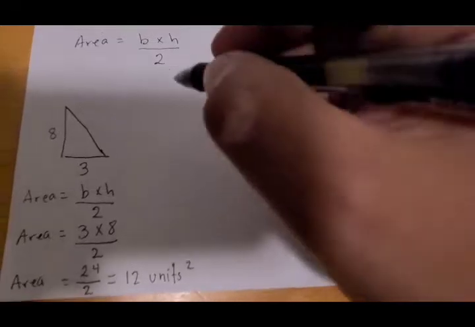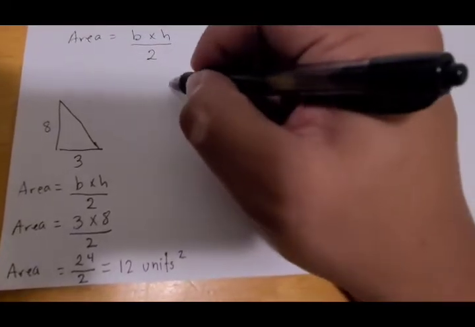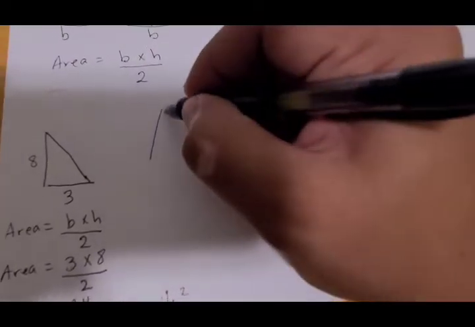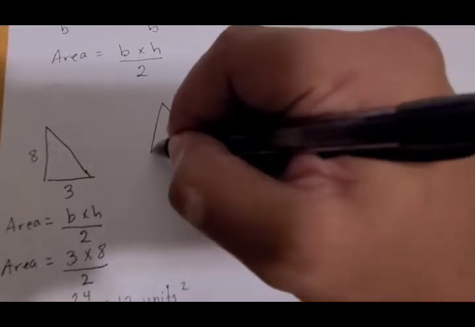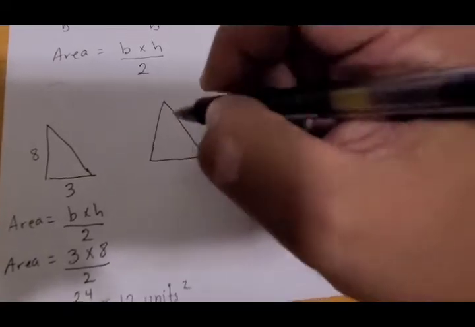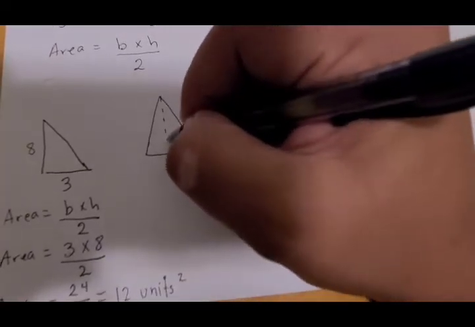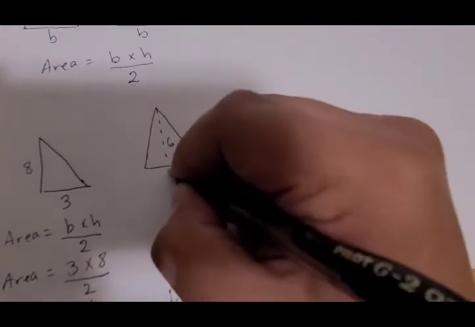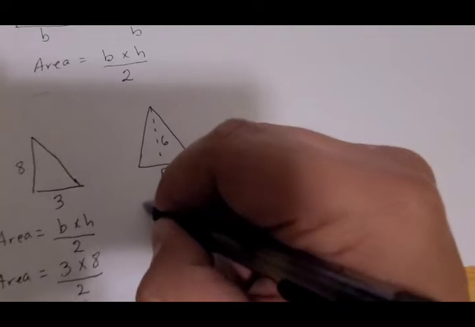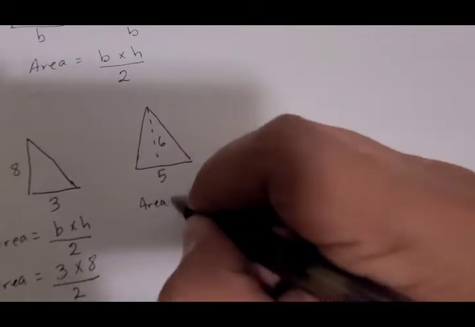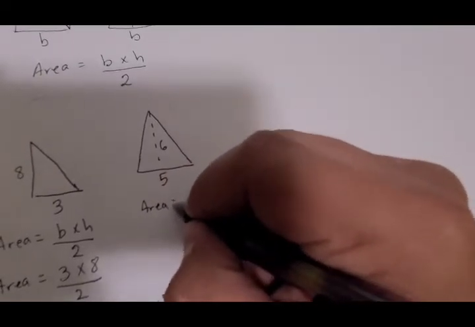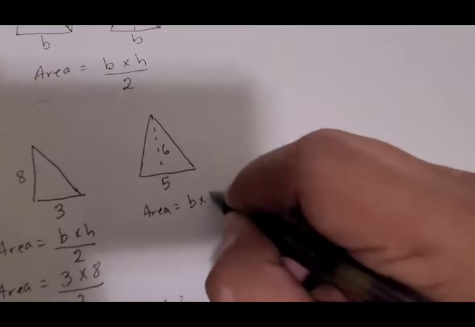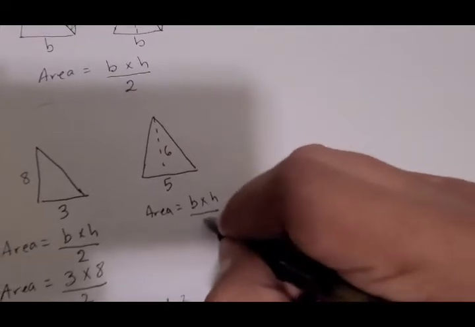Now, let's look at another example. We're going to put a height of 6 and a base of 5. That means that our area is equal to base times height divided by 2.